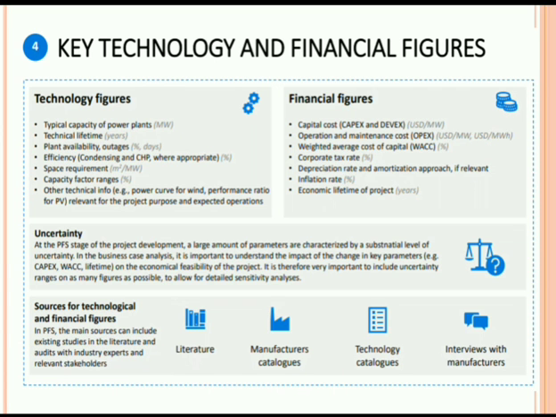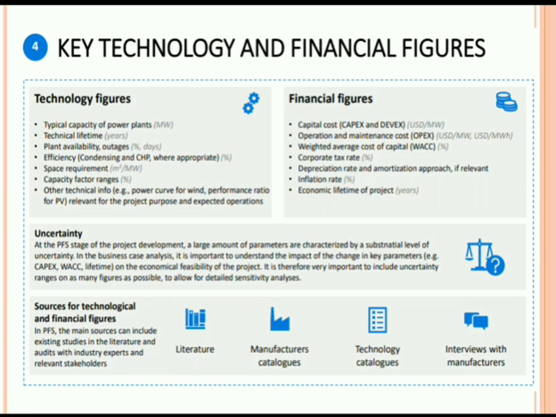The second thing we have to consider is financial figures. These are the two important points. We have to see the capital cost for the plant, operation and maintenance cost, weighted average cost of capital, and corporate tax rate.